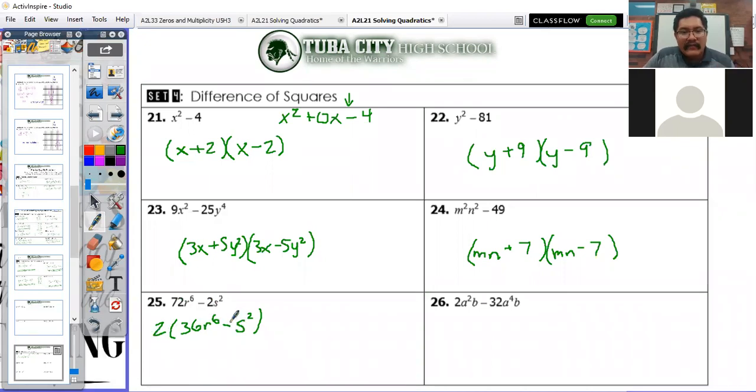So again, if you divide a number like 2 by 2, that'd be 1s squared. Now they are both square numbers. So I'm going to use my square number rule. So what are two numbers that multiply to 36? Well, 6 times 6. Now this one's a little bit of a tricky one, but what two numbers can I multiply to get r to the 6? So that'd be r to the 3.